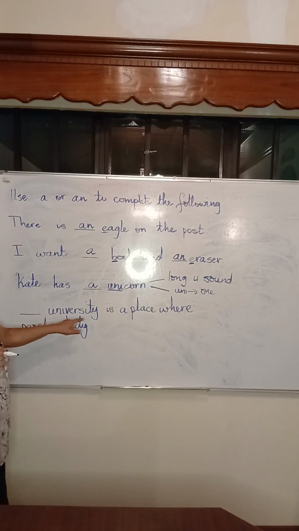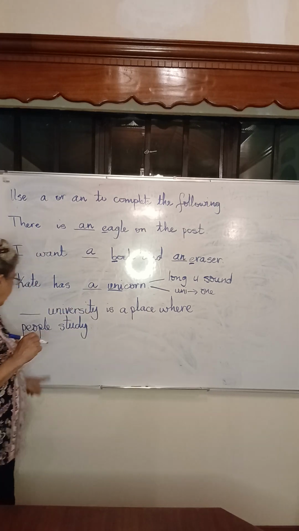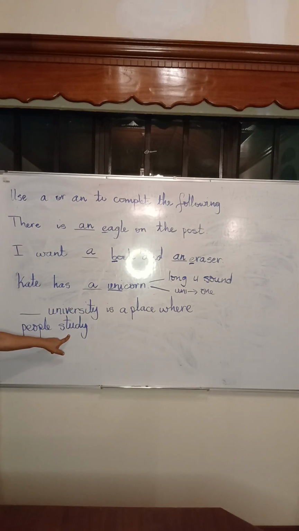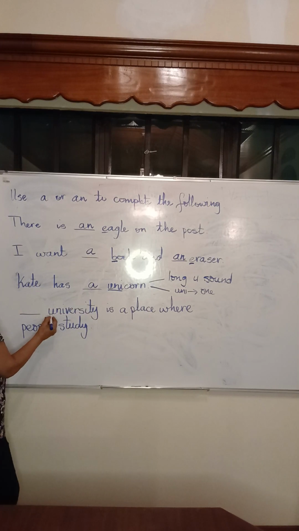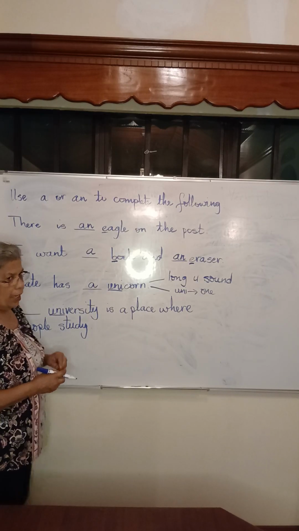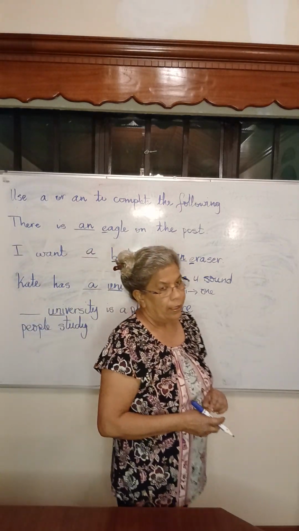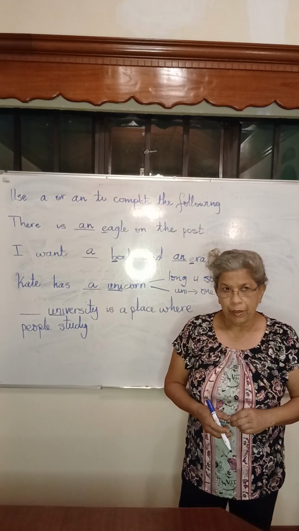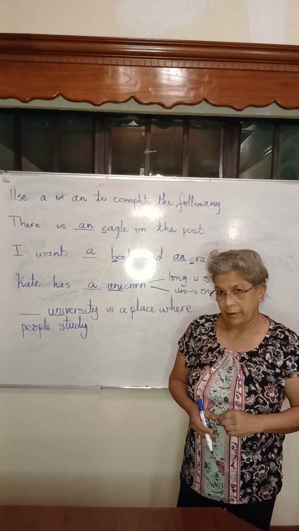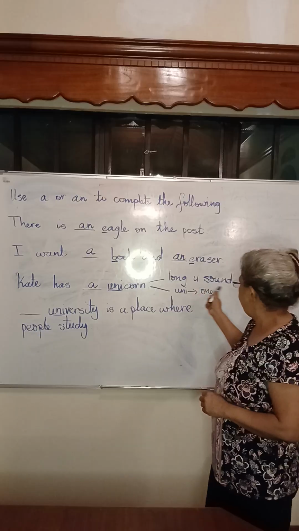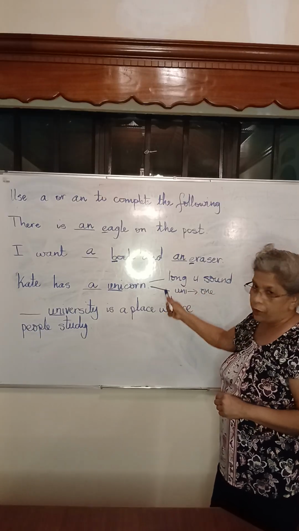Something university is a place where people study. Again, we have that long U sound, and here we would not really say it's a syllable. That is why I always show these two options here.